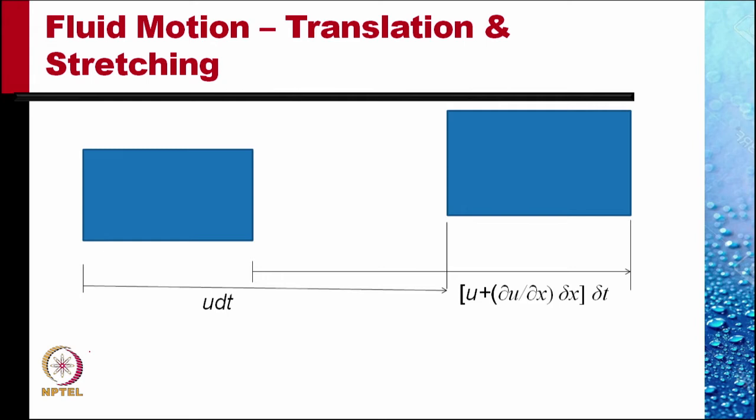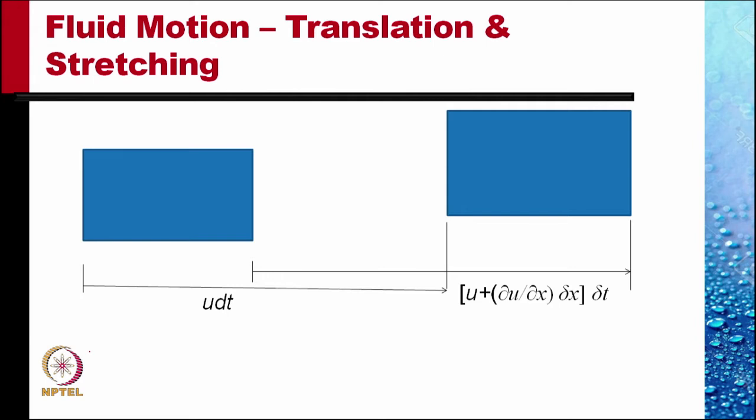The velocity of the point on the right side is going to be a little different from the velocity at the left end, and the velocity at the right end is found by Taylor's expansion.